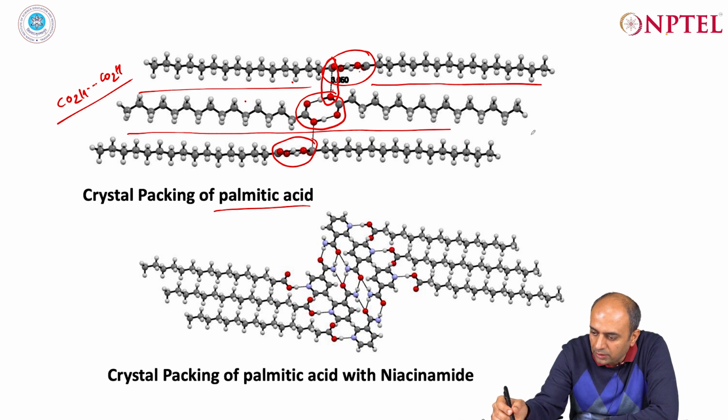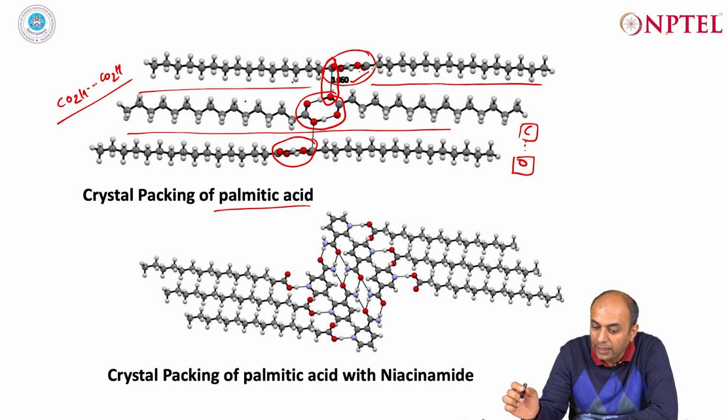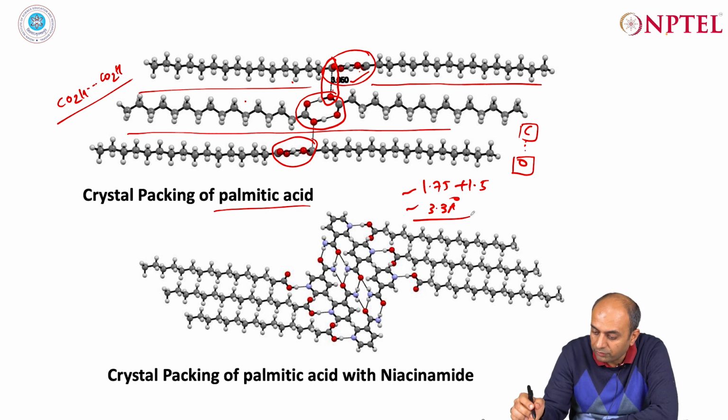This is the top layer, this is the bottom layer, and the separation is around 3.1 angstrom, which is quite short compared to the sum of the van der Waals radii. Carbon is around 1.75, oxygen is around 1.5, so 1.75 plus 1.5, approximately 3.3 angstrom. This is 3 angstrom, so it is definitely very short.